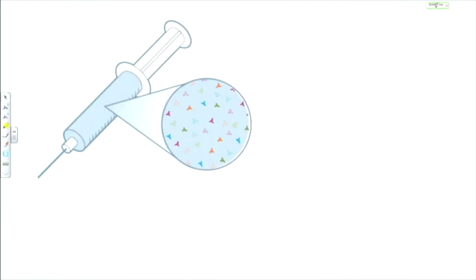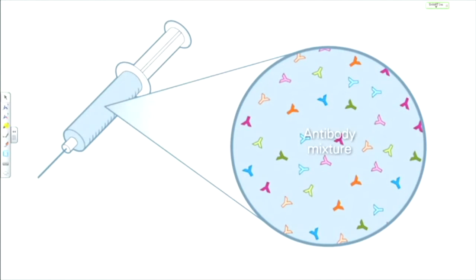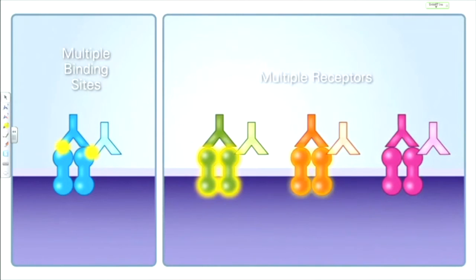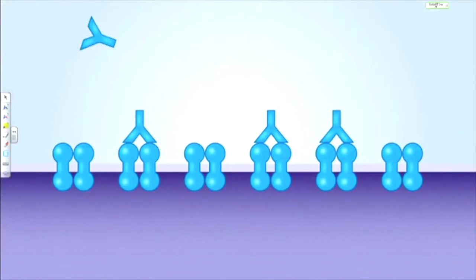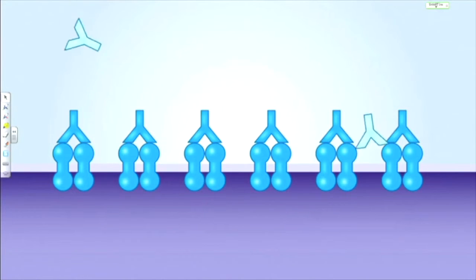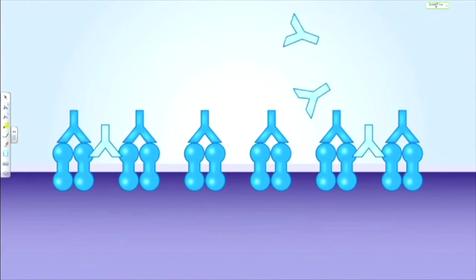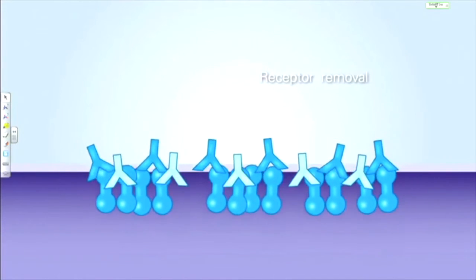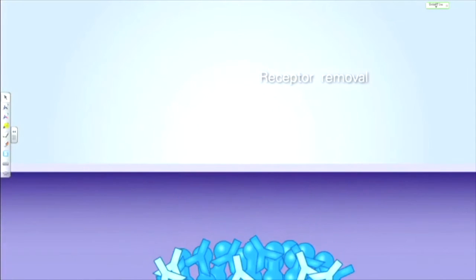Researchers at Synthogen have developed an innovative approach to conventional monoclonal antibody therapies that makes it feasible to simultaneously target multiple binding sites or multiple receptors with a single antibody mixture. A mixture of antibodies binding distinct sites on the same receptor not only blocks the ligand-receptor interaction, it can also more effectively cross-link the receptors than a single monoclonal antibody, causing rapid removal of the receptor from the cell surface.